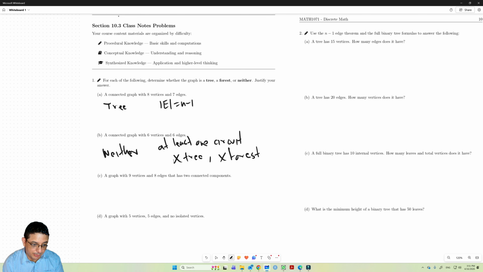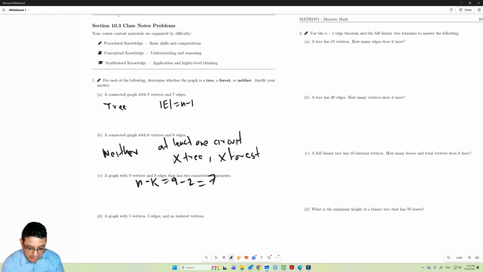Another situation is C, where we have a graph with 9 vertices and 8 edges, and it has 2 connected components. Since it has 2 connected components, as a forest it should have exactly n minus k edges, which is 9 minus the number of components, k, so 7 edges.